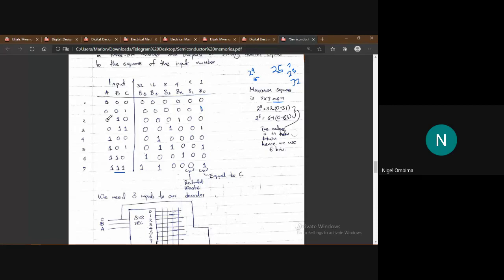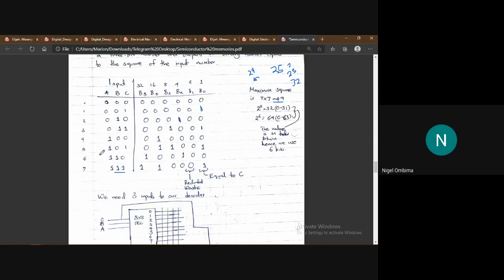So for 2, it's 0, 1, 0. 2 squared is 4. We have our value 4 here, so I put 1 for 4. Everything else is 0. 3 squared, same thing, 9. But we don't have 9, it's 8 and 1 here. The rest is 0. 4 squared is 16, so I put 1 in 16.